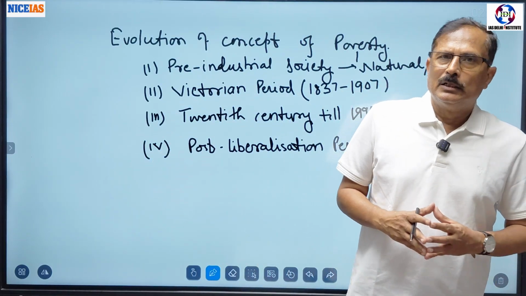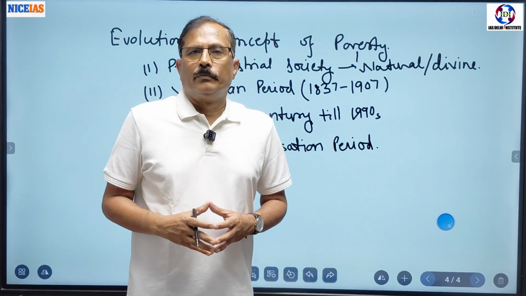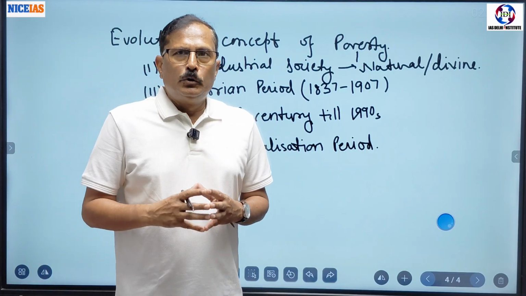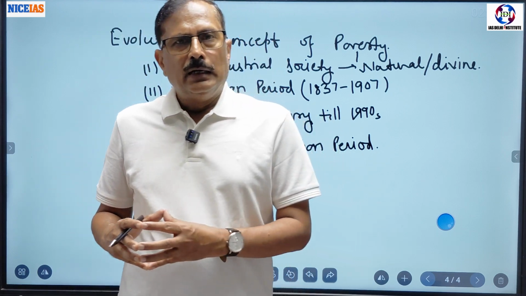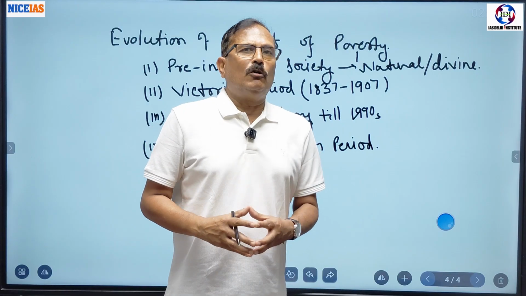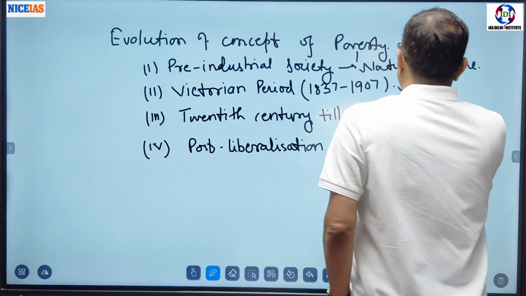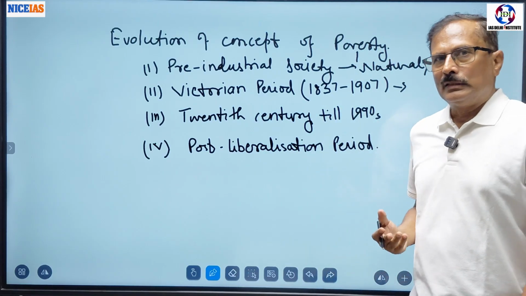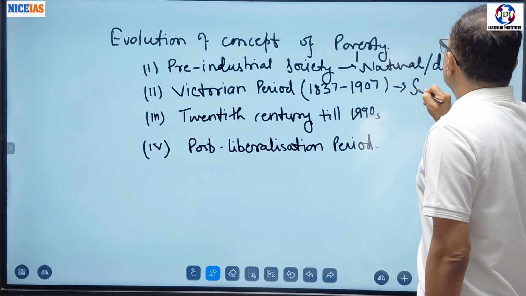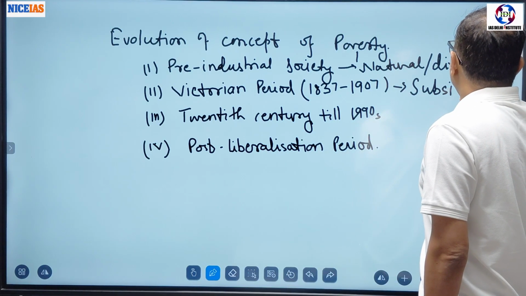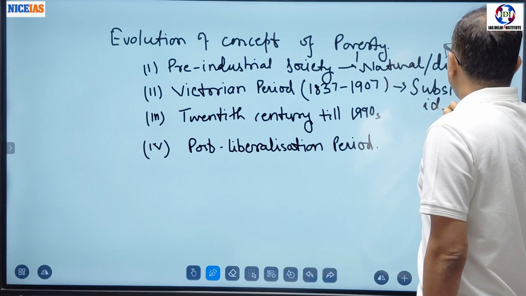That put pressure on the ruling elites to give attention to the poverty of the masses. This begins in the Victorian period, and the approach adopted is known as the subsistence idea of poverty.